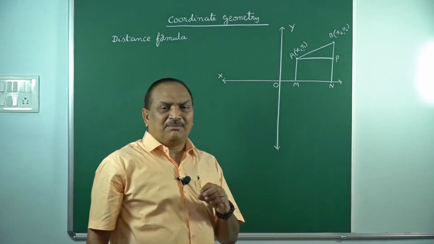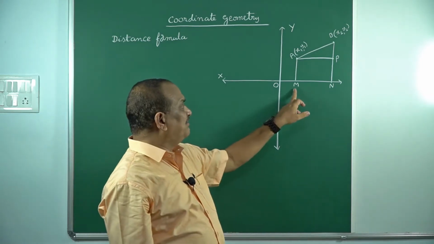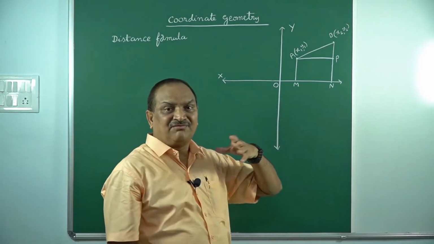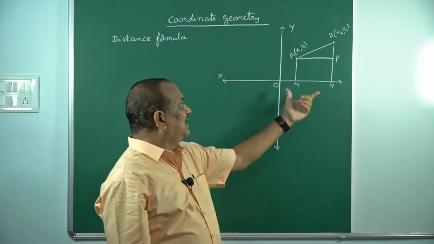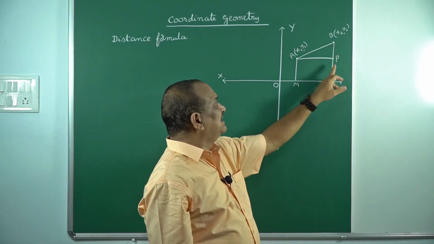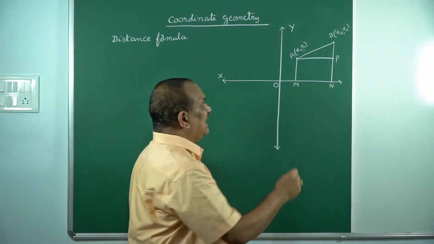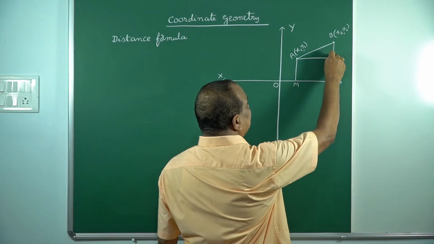So we drew perpendiculars from A and B onto the x-axis and we marked them as M and N, the feet of the perpendiculars drawn, and we also drew a perpendicular from A onto this BN, that is P. And we have formed a right angle triangle, as is seen here.